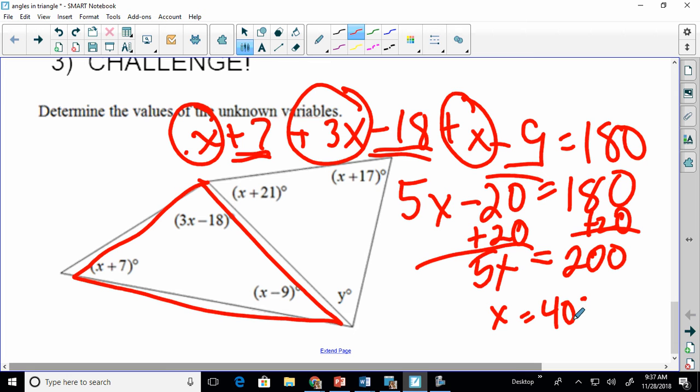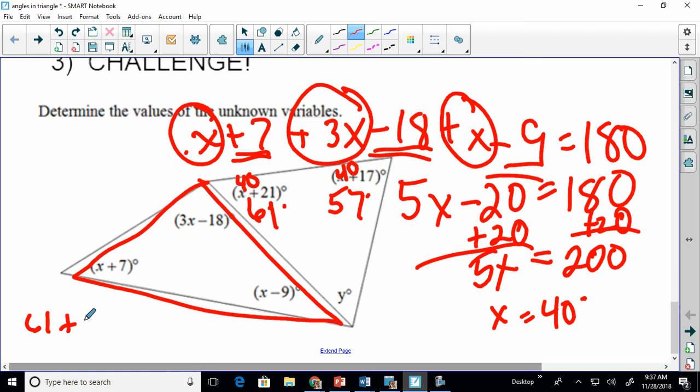So now I can solve the other one. Now I can do the other triangle, because if I know x equals 40, then I can get these angles by plugging in 40. So this one is 40 plus 21. So this angle is 61. If I put a 40 in here, 40 plus 17, that would give me 57. So now I can solve for y, because I know that 61 plus 57 plus y is going to equal 180.